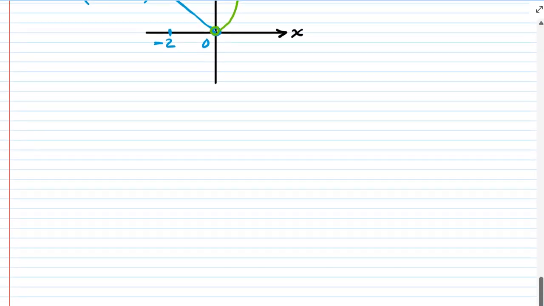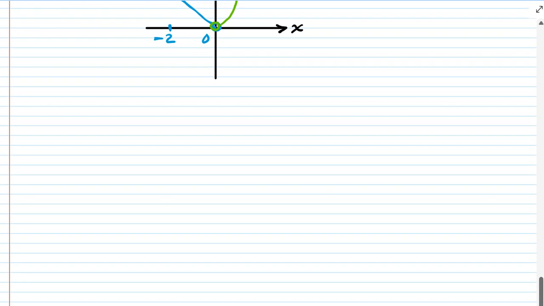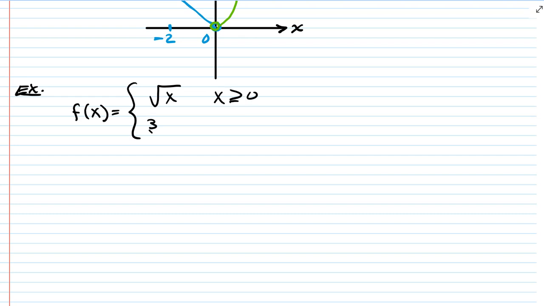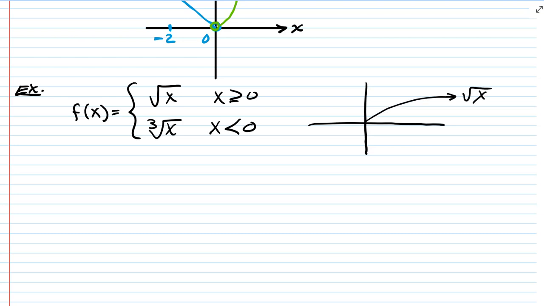Maybe I'll finish with, let me make one last one up. What about this one? Let's say f of x is going to be square root of x for x greater than or equal to 0, and cube root of x for x less than 0. This isn't going to take long to do at all. Check this out. Remember, square root of x looks like this, right? That's root x. Now, the left part is going to behave like cube root of x.